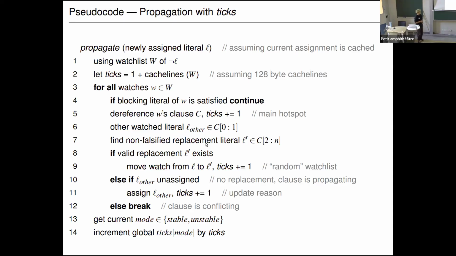We say, okay, unstable is always first, it will run with, like, 1000 conflicts, and then stable will get the number of ticks that unstable used. And that way we get a closer approximation.